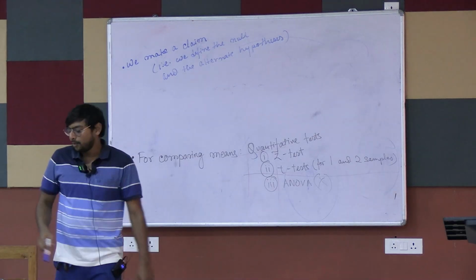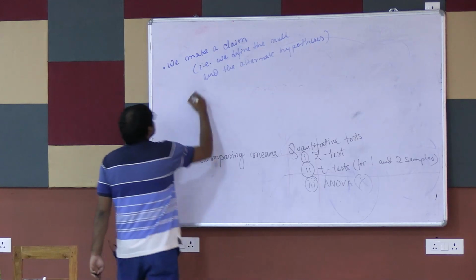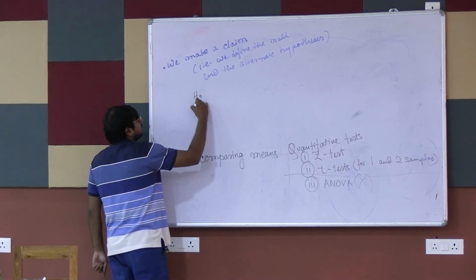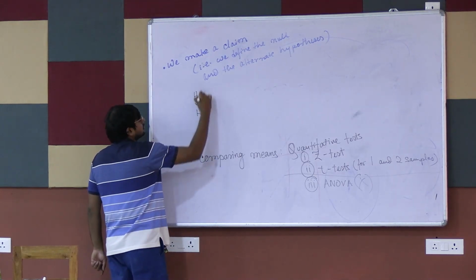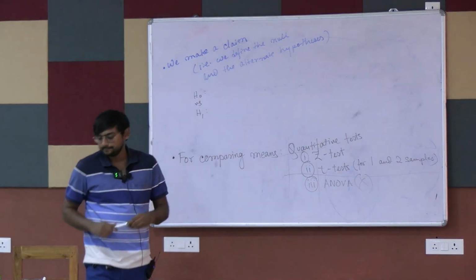So, whenever you get a problem of testing, you will first have to define the null hypothesis and the alternate hypothesis. Now, what is null hypothesis? What is alternate hypothesis?